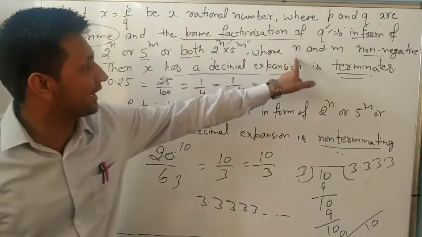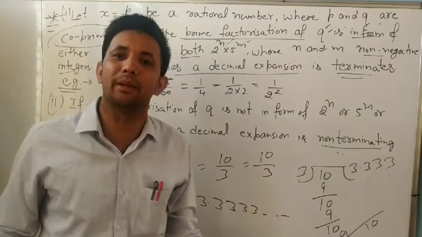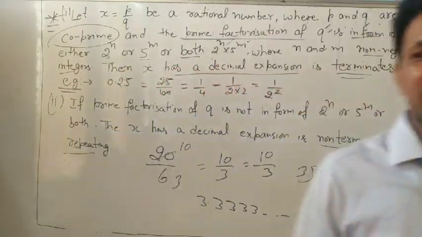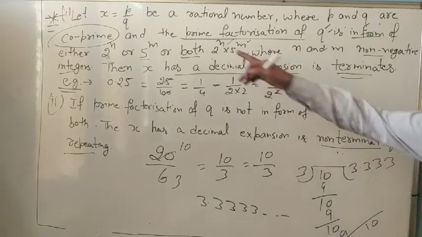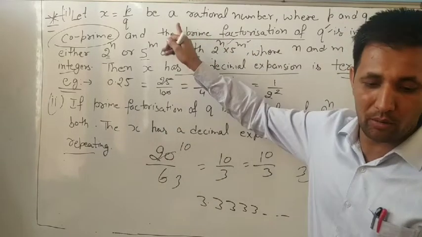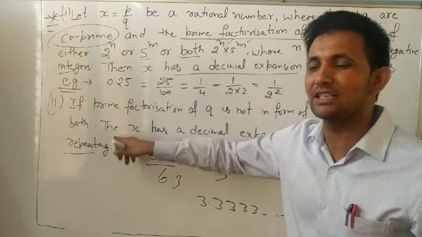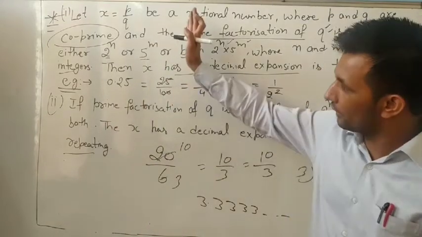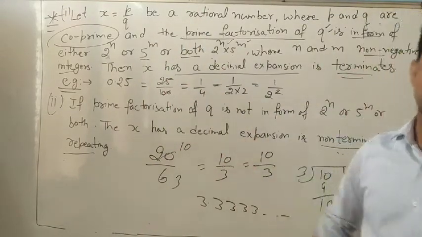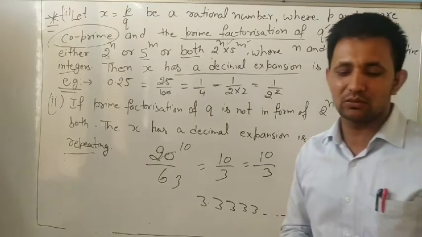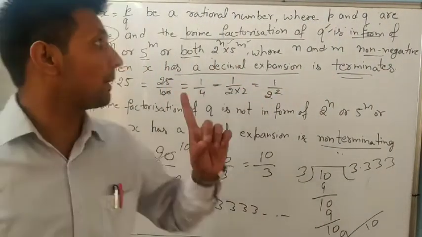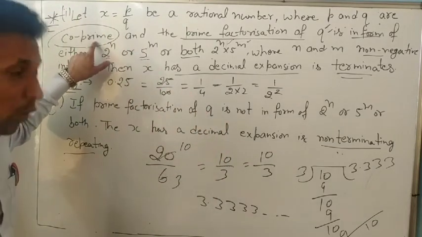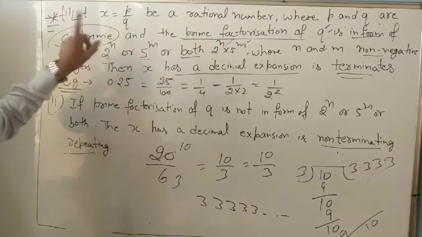If the denominator has 2 and 5, it is terminating. Otherwise it is non-terminating repeating. So these are the conclusions of theorems 1.5, 1.6 and 1.7. You can note down these 2 points only. No need to write the theorems, but you have to remember that P and Q are co-prime. Understand? So note it down.